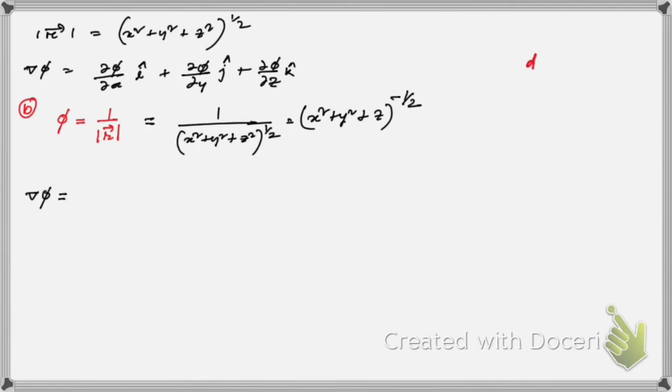Here you see I forgot to write the square. Now again we know that the derivative of 1 by root x, that is x to the power minus half, is given by this, right?